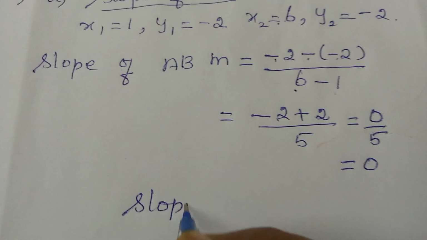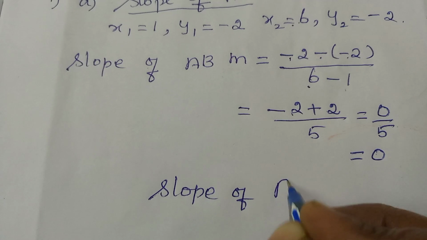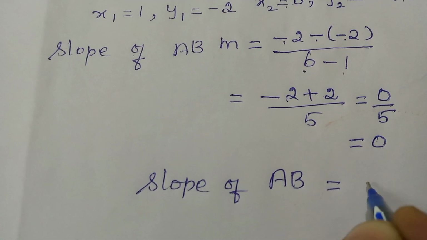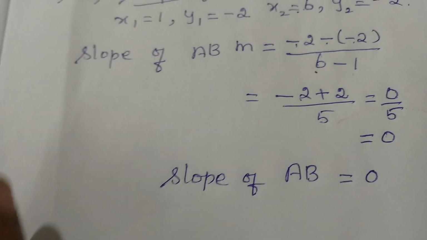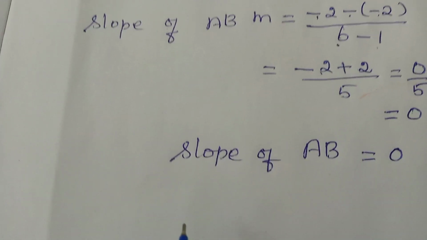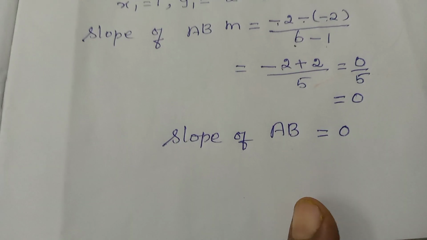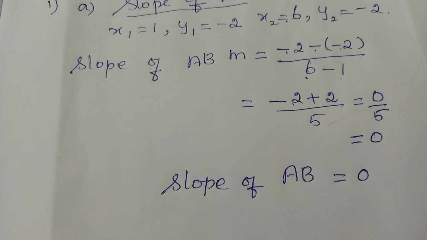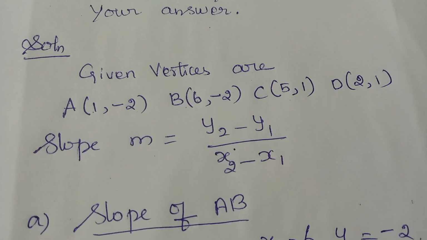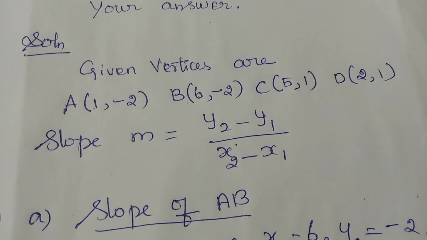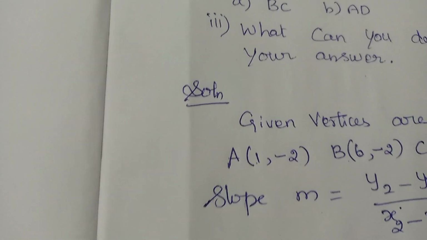Slope of AB is equal to 0. Then we have to find out slope of CD. What is C point? 5 comma 1. What is D? 2 comma 1. Is it?